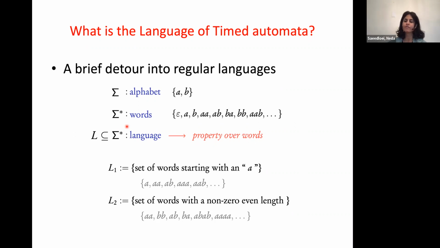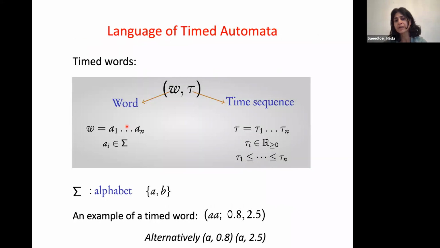But if we want to extend this to define the languages for timed automata, we need to take the time actions into consideration also. So we define timed words. Timed words are essentially extensions of words with time.